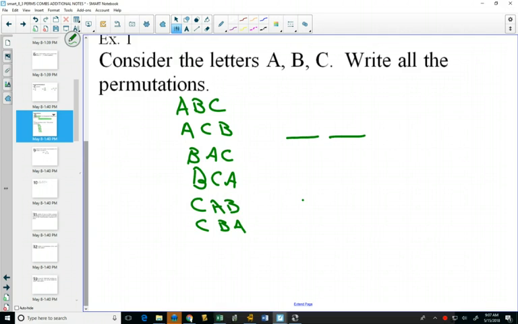You know there has to be 6 of them because we have 3 decisions to make. We have 3 choices for our first letter. Then there would only be 2 left and then 1. So when you're listing them, if you use the fundamental counting principle to start off with, you'll be able to say, okay, I know that there's 6 of them, and then it's just a matter of finding the 6 different permutations that there are.